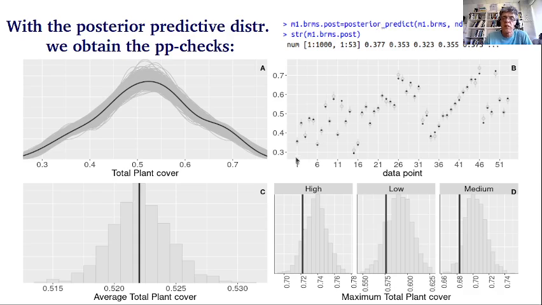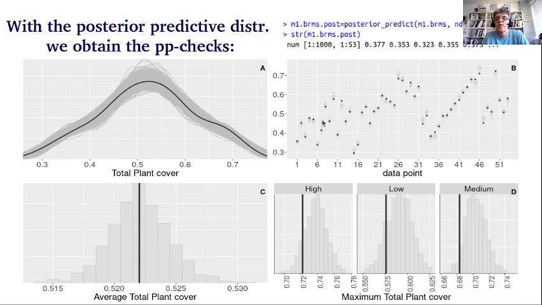Now going more finely, for each point we see in a small black dot the observed value, the gray dot is the mean of the posterior distribution for each point, and the interval around each point corresponds to the 95% credible interval.